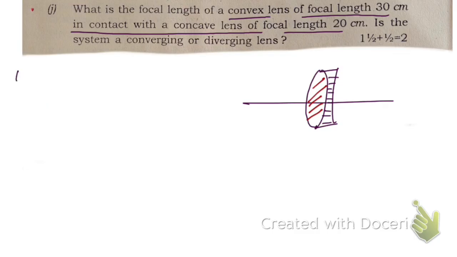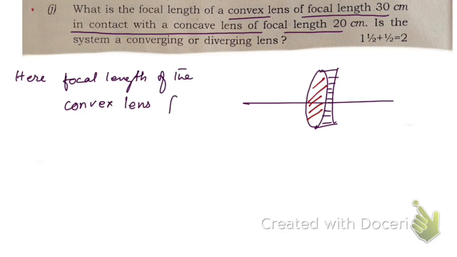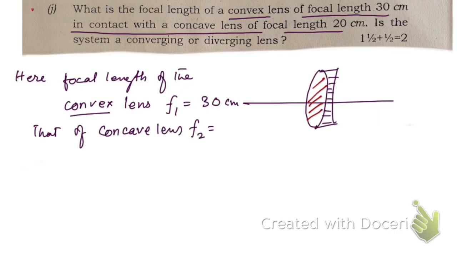Let the focal length of the convex lens be f1, which is positive 30 centimeter, and that of the concave lens be f2, which is minus 20 centimeter, because it is a concave lens.